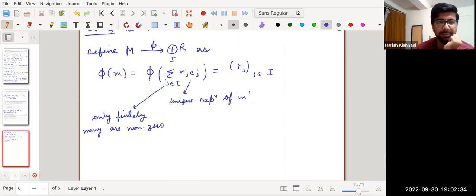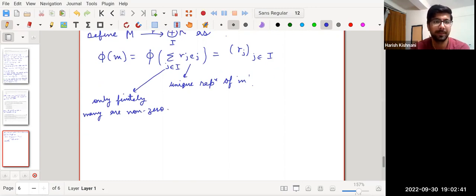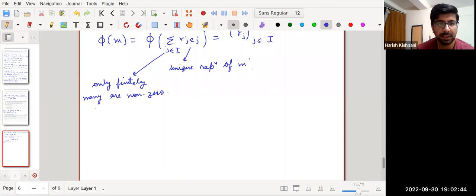Because it's a finite linear sum. So that makes sense. As a map, it makes sense. Now it is well defined, and also this map is a homomorphism. You can just check that it's a homomorphism.